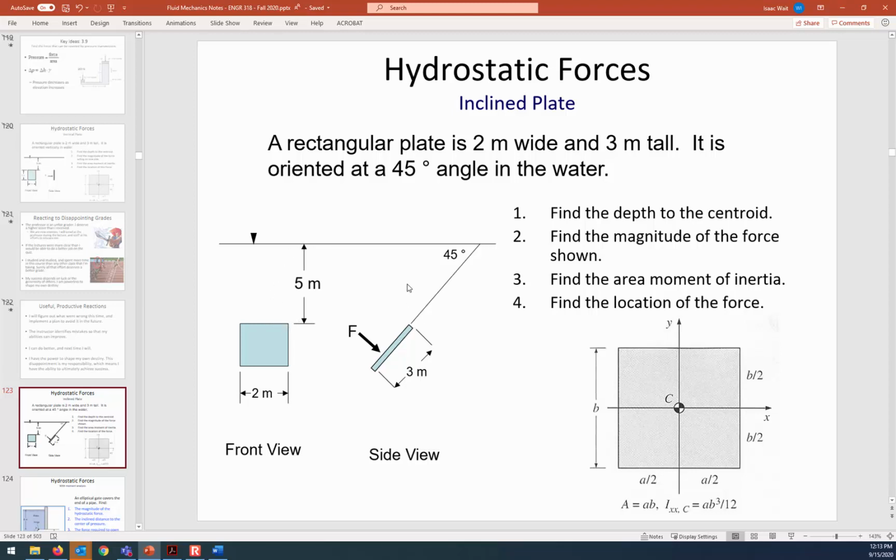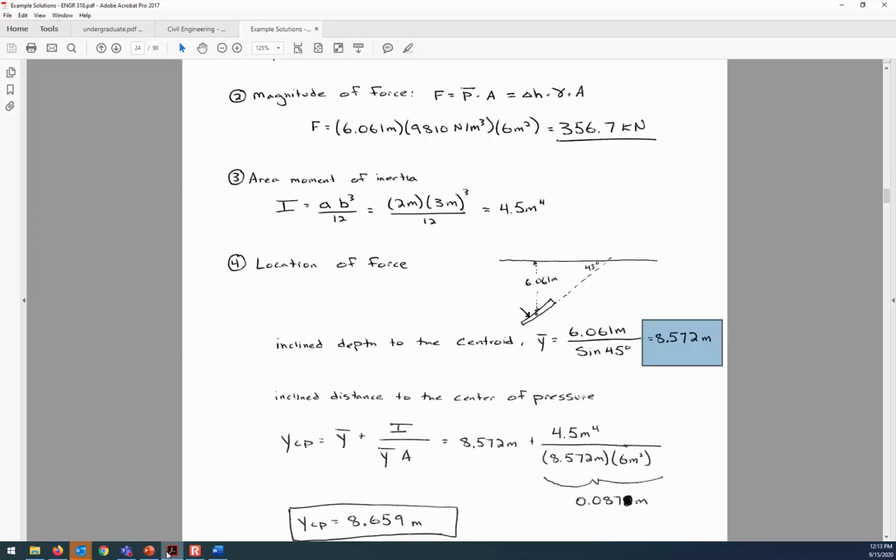If it's 5 meters from the water surface to the top edge, the slant distance is 5 divided by 0.707, which is 7.07, plus the 1.5, 8.572. It's the same. Yes, Gavin, you can do that.